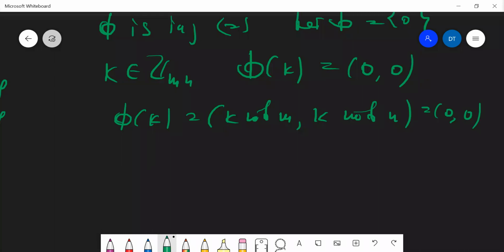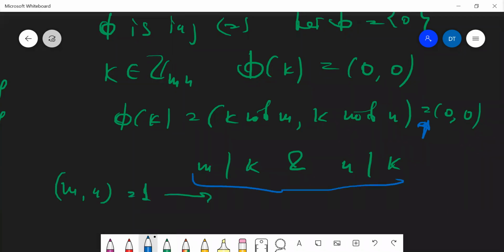What does it mean that this equality holds? This means that m divides k and n divides k. Now we use the property that m and n are coprime. Because of this, the latter two conditions mean that m times n divides k.